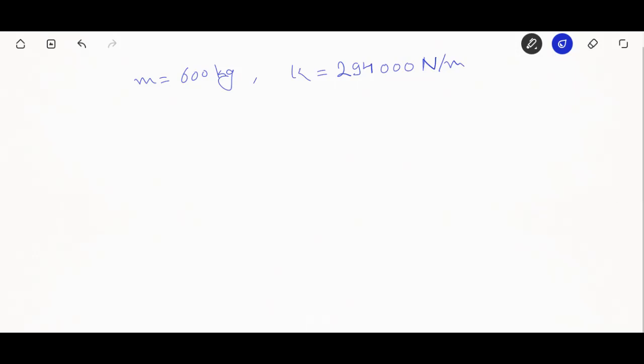Now, if the barrel recoils 1.3 meters on firing, this is your amplitude in that case. We need to determine the initial velocity.